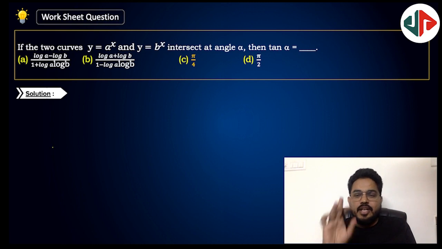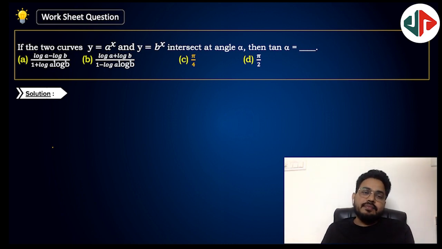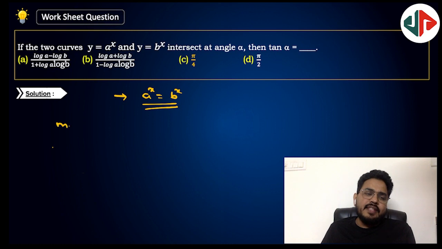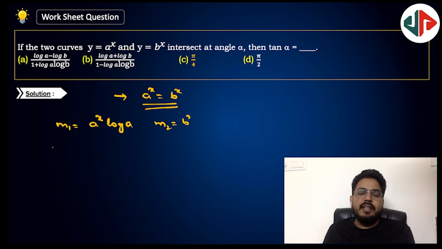I'm repeating this question again. If the two curves y is equal to a power x and y is equal to b power x intersect at an angle alpha, then tan alpha? If they are intersecting, first of all, a power x is equal to b power x. The next one is m1 is equal to a power x log a and m2 is equal to b power x log b.